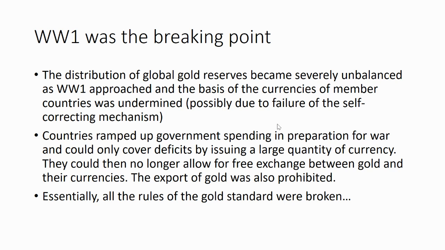They essentially printed more money, issued more money than they had in their gold reserves, and so they could no longer allow free exchange between gold and the currencies, and many of these countries also prohibited the export of gold. And so essentially, all the rules of the gold standard were broken, and that also meant that the gold standard collapsed.